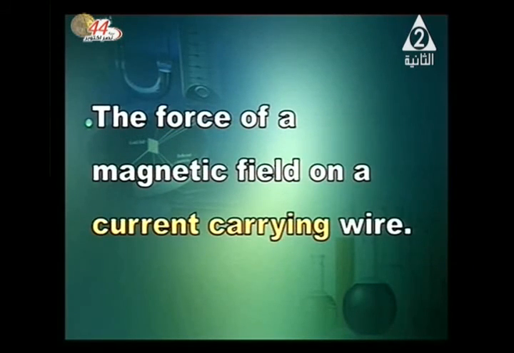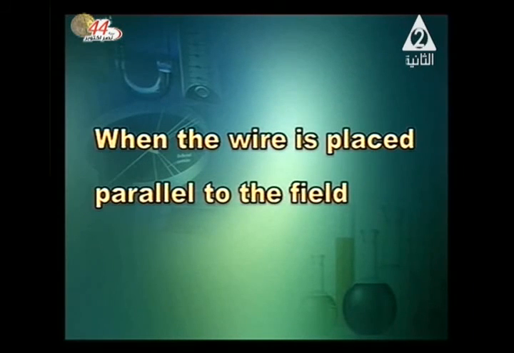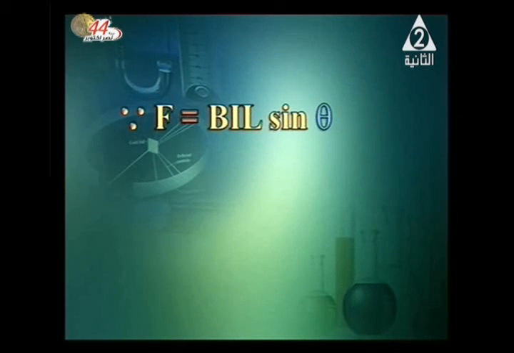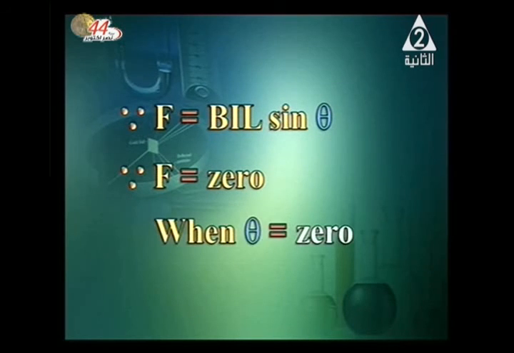When does the force of a magnetic field on a current carrying wire equal 0? When the wire is placed parallel to the field. The force is determined from the expression BIL sin θ. When it is placed parallel, θ equals 0, so the force equals 0, simply because sin 0 is 0.